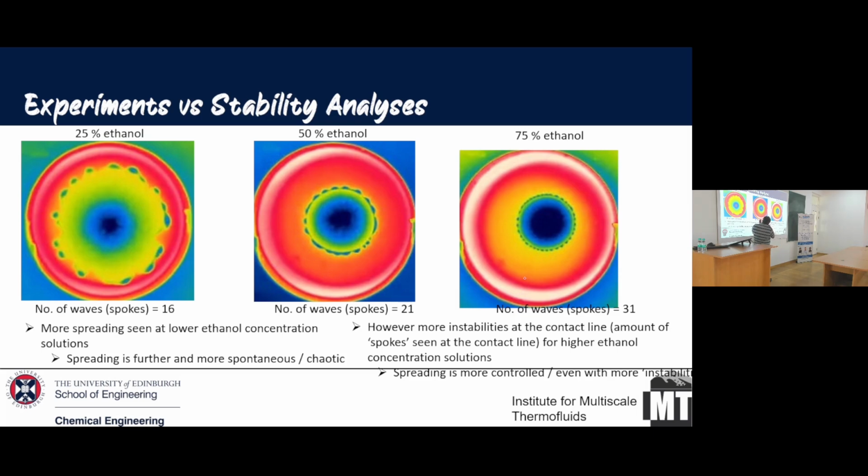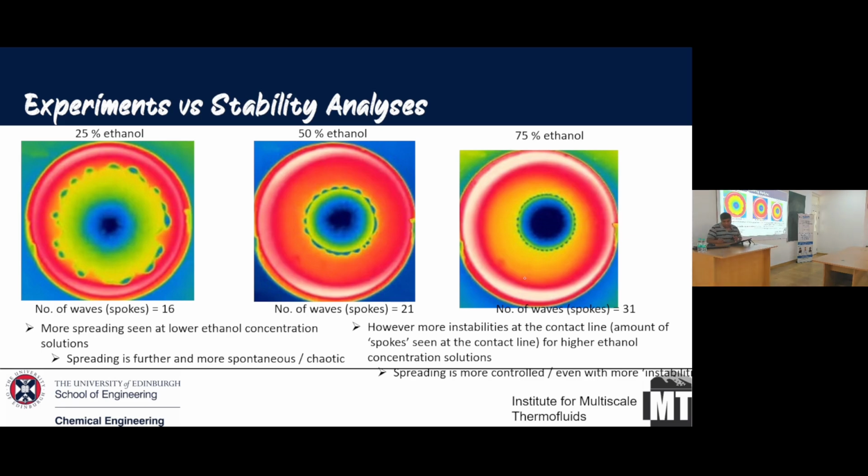And even these experiments are very difficult because you need to have a flat droplet. This is only for cases where the droplet begins with a contact angle of less than 30 degrees. Managing that itself was difficult. But once we were able to do it, we could see these spokes develop. So spreading is more controlled, and even with more instabilities.